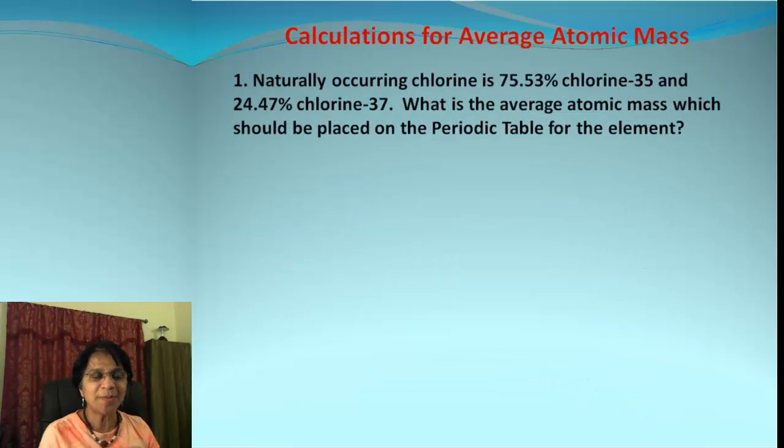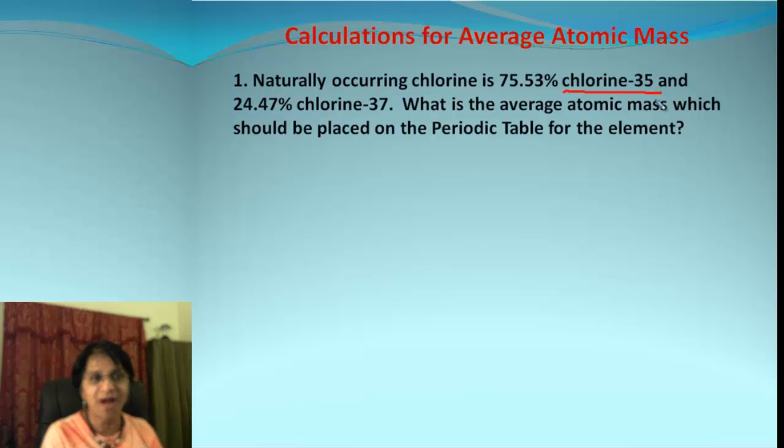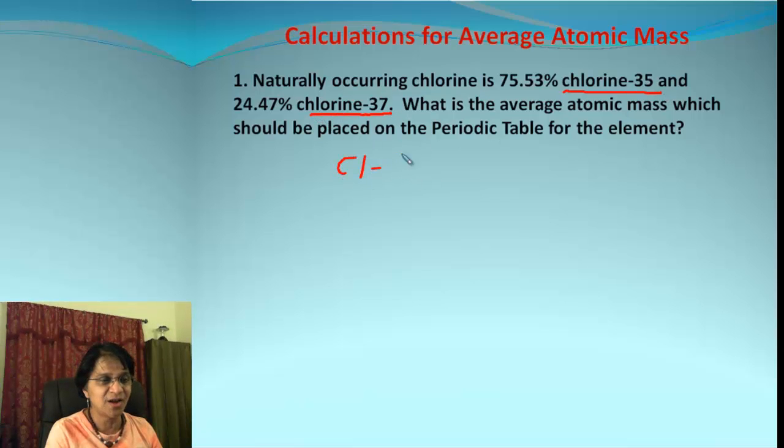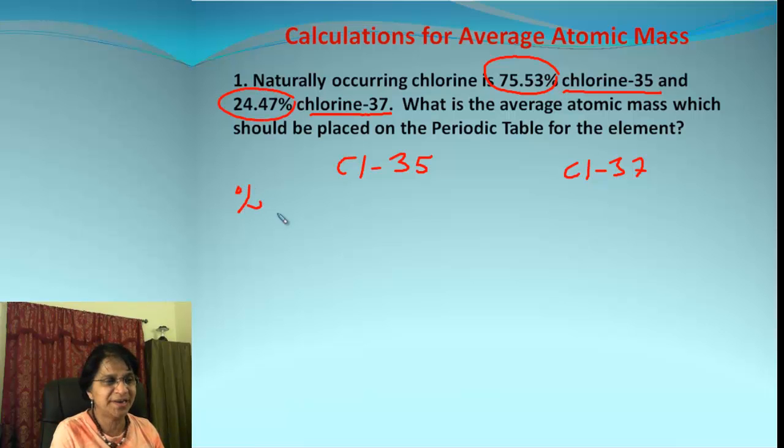Okay. Here's the problem of finding the isotopic mass of chlorine. So we have chlorine 35 and chlorine 37. Let's write that down. And we know the percent abundance for each: 75.53% and 24.47%.